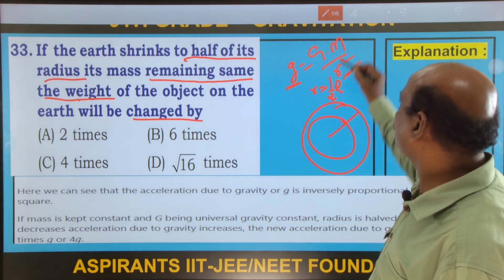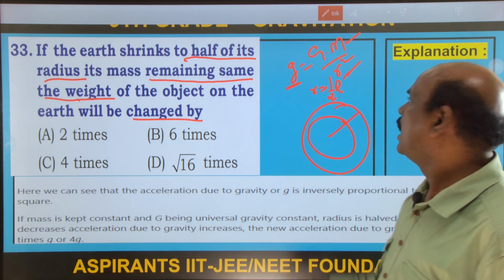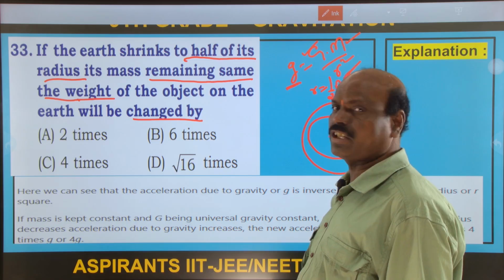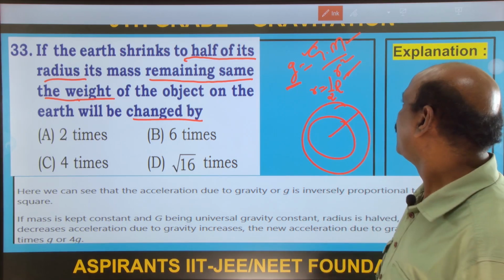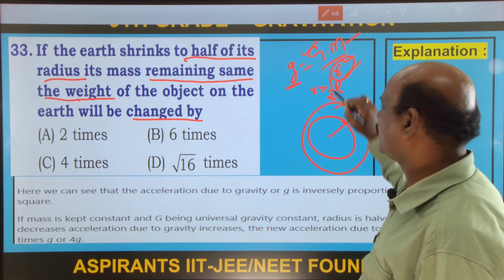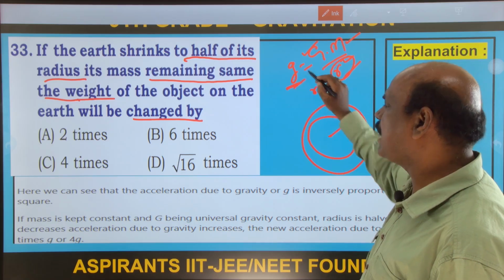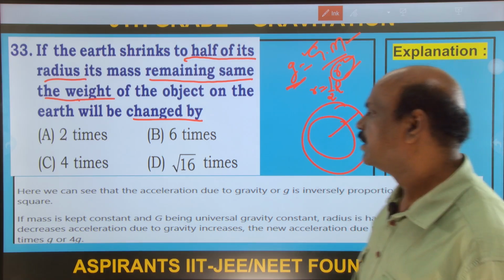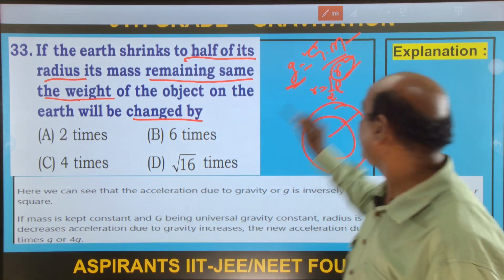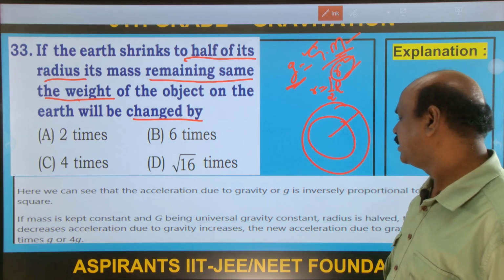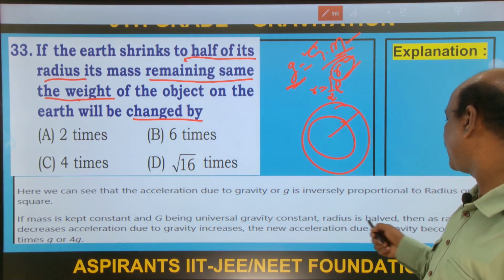So here he is telling that mass is same and universal gravitational constant is also same. If r is decreased, automatically what happens? The g value should be increased. So as the mass is kept constant, the radius is half.